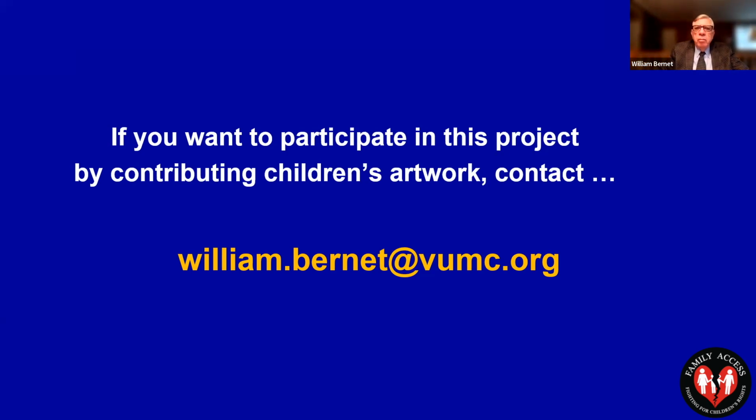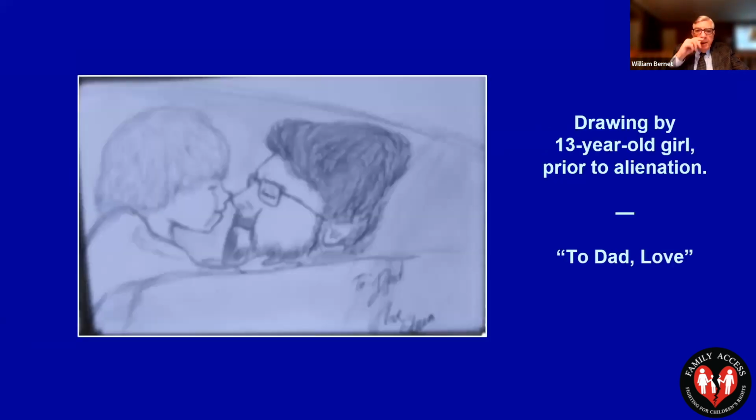So let's start with mild parental alienation. So this is a little bit of before and after. In other words, here's a really sweet picture when the child, 13-year-old, had a good relationship with dad. And in the picture, there's this little child touching noses with dad.